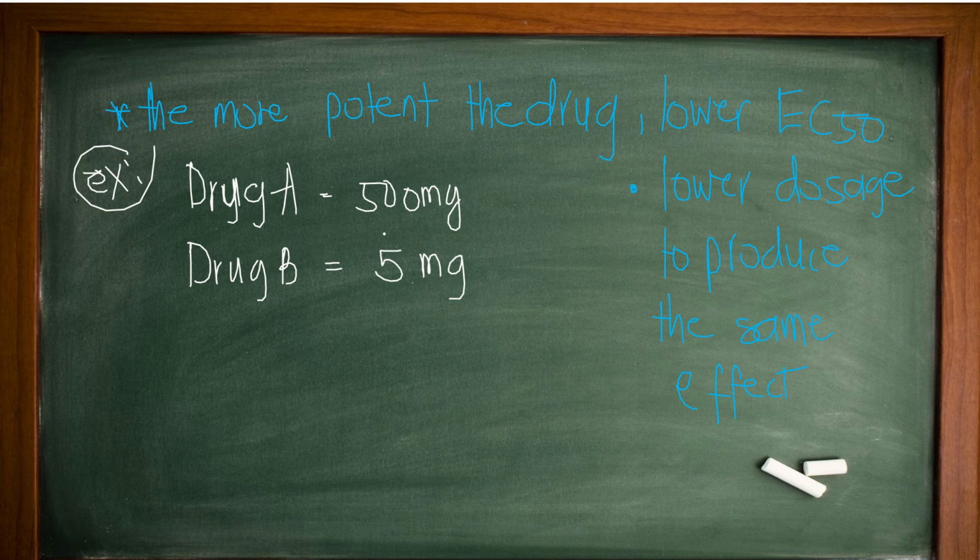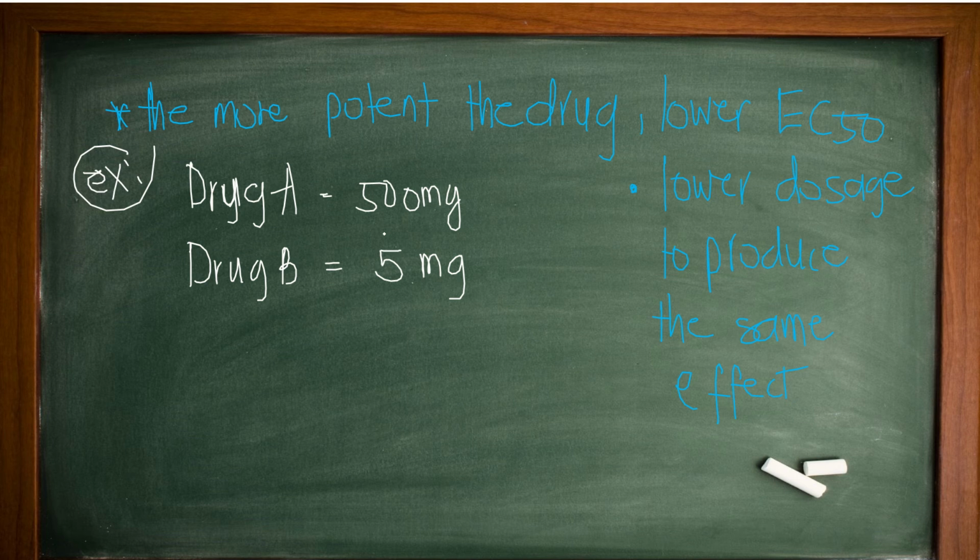Ang potency mo, ilan ba ang kailangan kong amount ng drug which can produce, that is necessary for me to elicit a specific physiologic response to a drug. Ilan ang kailangan kong amount ng drug to produce a particular physiologic response in a specific amplitude.